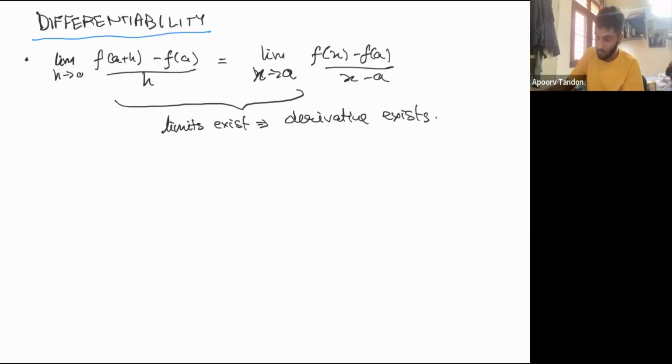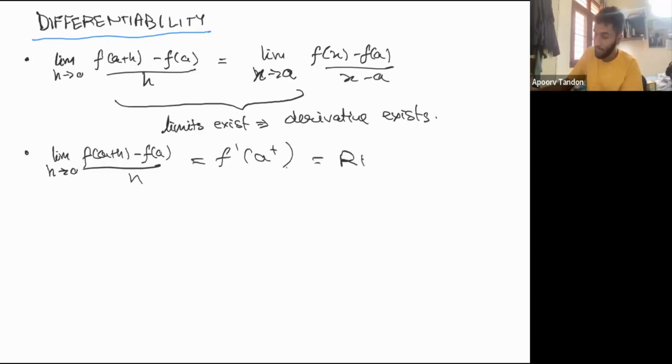So using that same principle, we are going to define two more terms, the left-hand and the right-hand derivative, corresponding to the left-hand and the right-hand limits by first principles. So we're going to call the limit as h tends to 0 from the right of f of a plus h minus f of a over h, which is equivalent to saying f dash of a plus, the right-hand derivative at x equals a.